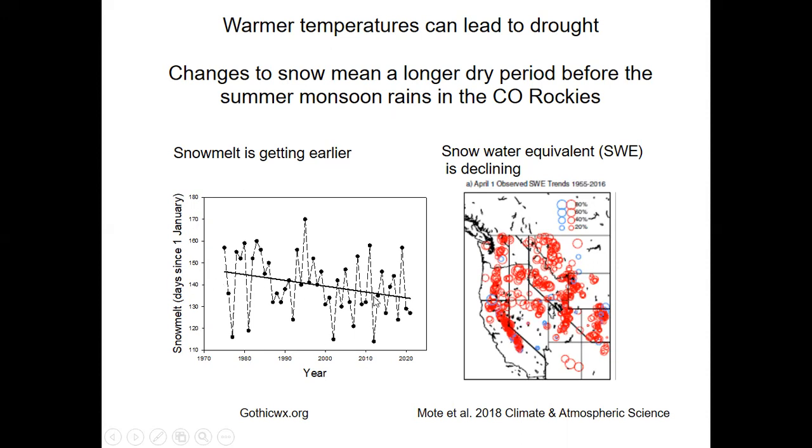So we're seeing progressively earlier snowmelts on average, and those earlier snowmelts mean that plants experience a longer dry period before the summer monsoon rains start in July. And this graph over on the right is showing the snow water equivalent of the snowpack as a difference between now and in the 1950s, and all the red indicates declines.